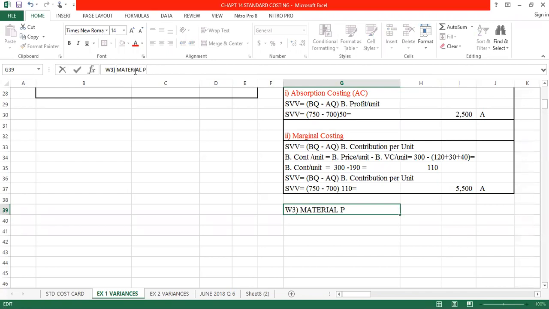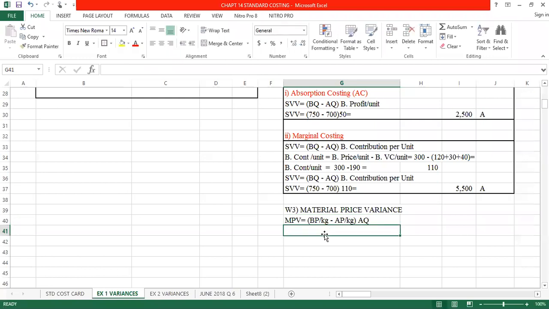Remember, we have said material price variance is equals to budgeted price per kg minus actual price per kg times actual quantity in kgs. So we have part A, material A, and then we'll also do the same for material B. So let's start with material A.